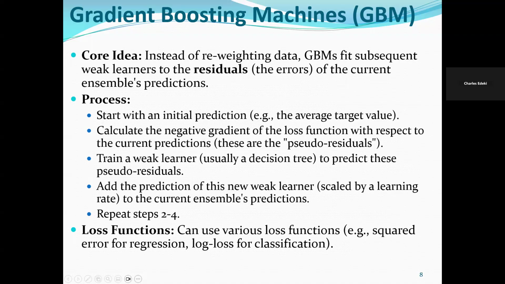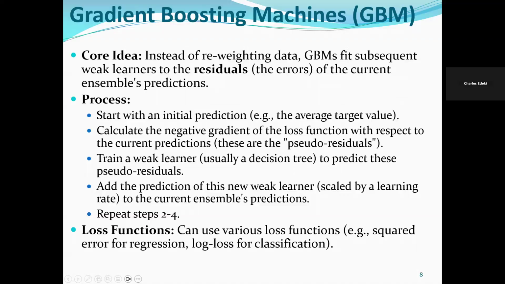That's the whole idea here. I would say gradient boosting is more generalized. It's a generalized boosting framework that can be applied to various loss functions.